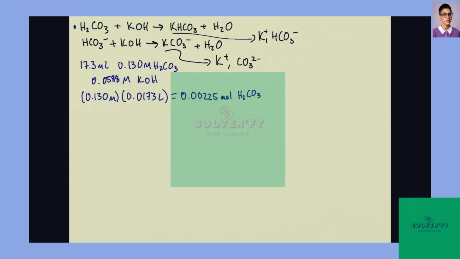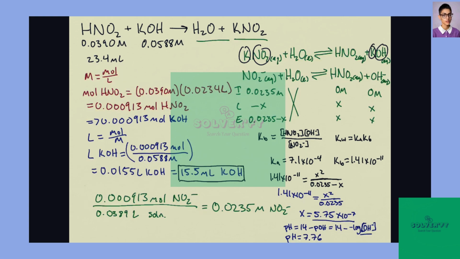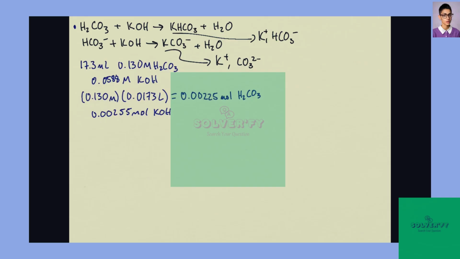Now we know we need 0.00225 moles of KOH as well, since we have a 1-to-1 ratio of KOH and H2CO3 that react in our titration. And just like in the last problem again, we can solve for the volume of KOH needed.